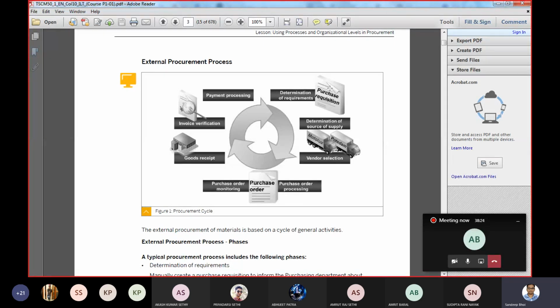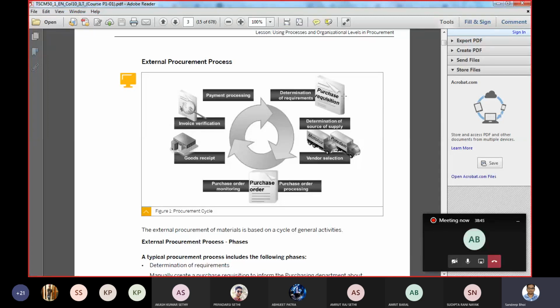In each and every company, there will be a purchasing unit.